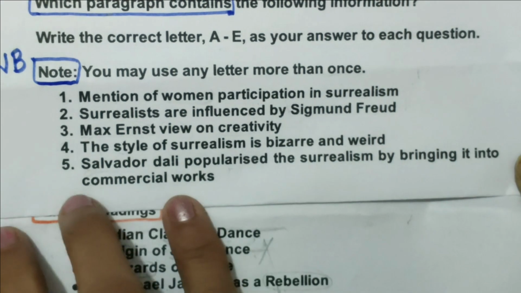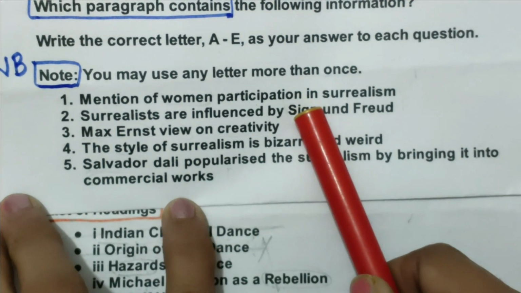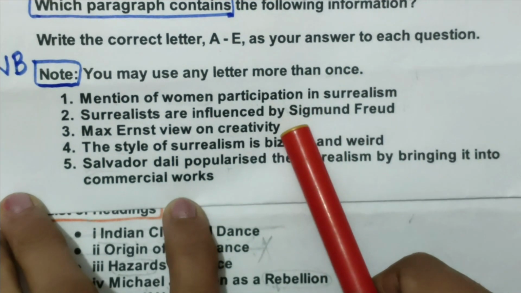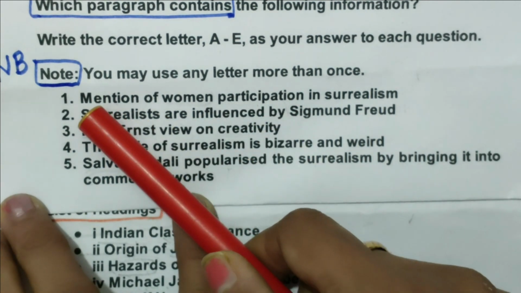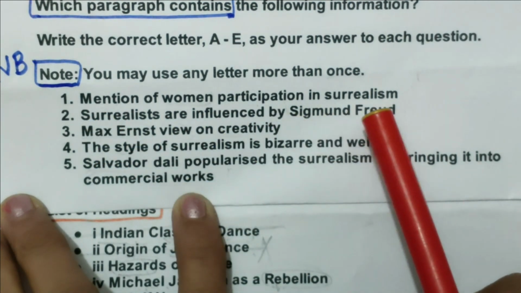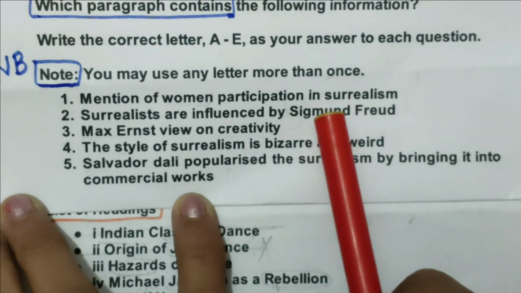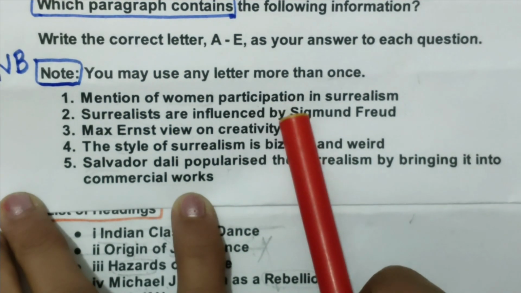In any paragraph you can get 2 pieces of information. Suppose you find the second and fourth information in paragraph C; in front of second and fourth in the answer sheet you will write C and C. So one paragraph will not have any answer from these. You need to be careful about this.